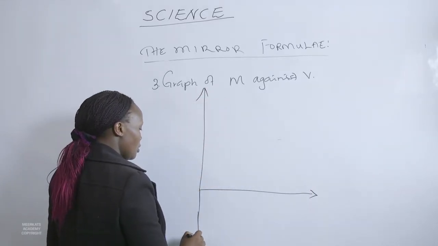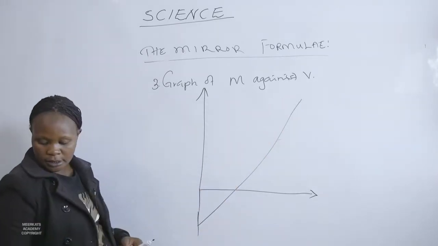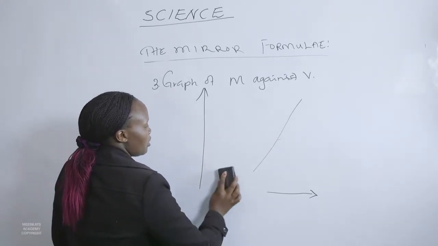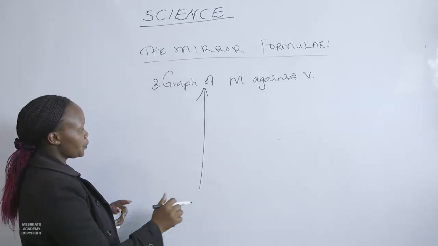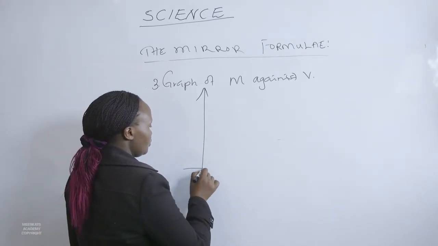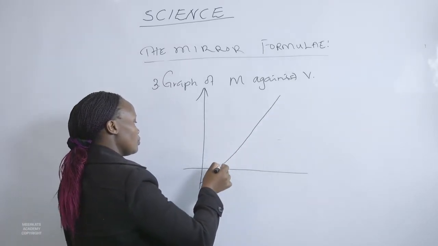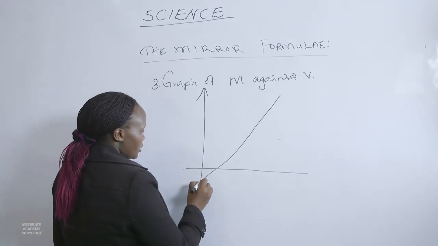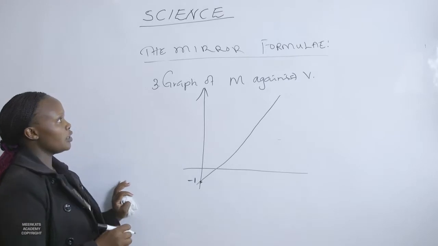So this time we are going to have a y-intercept, not really through the origin, and an x-intercept. Now, y-intercept will be equal to -1.